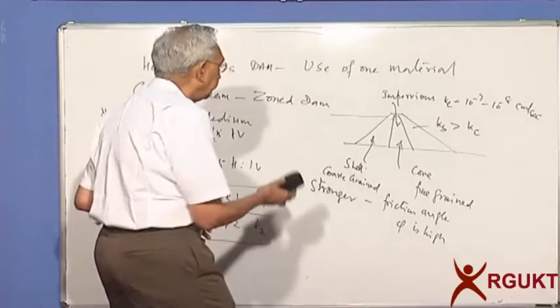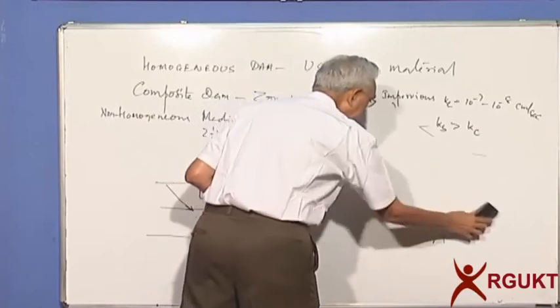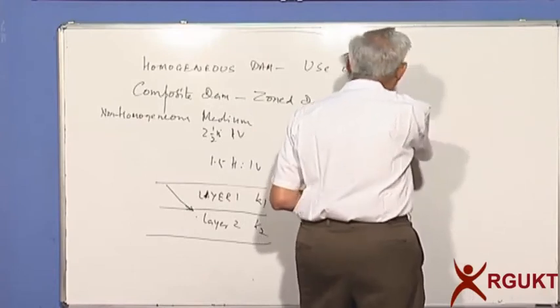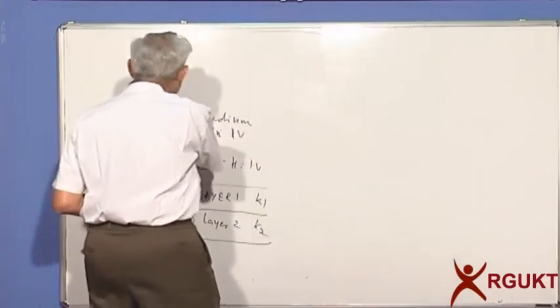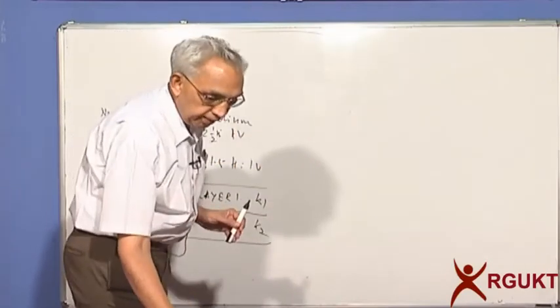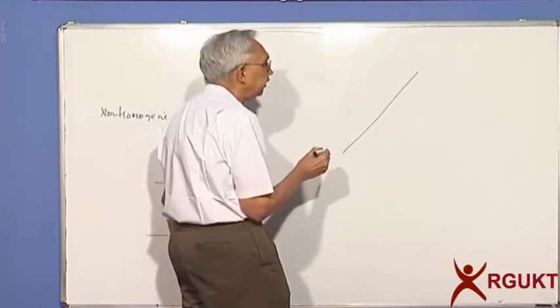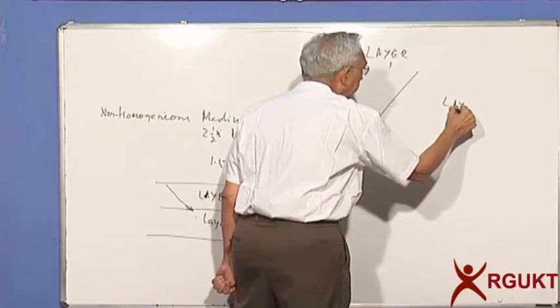We'll again go back to your earlier concept of physics. When you have light traveling through two different materials, you know how it diffracts or gets refracted in the second medium. The same thing would happen here. Suppose I have a boundary between two layers, layer 1 and layer 2.